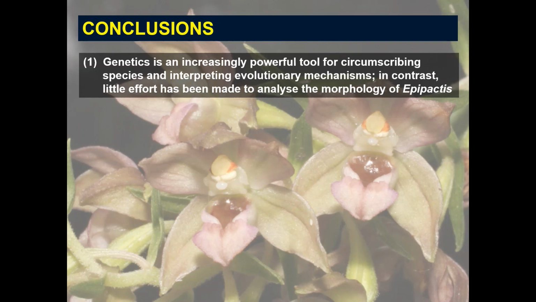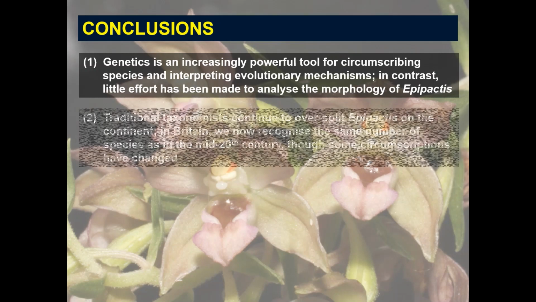There should be a lot more effort made to analyse the morphology of Epipactis. And indeed, until COVID, that's exactly what I was proposing to do, starting on Lindisfarne. And with luck, I still may be able to do that this coming field season. But it's just striking how much more complete and compelling at the present time the genetic information is than the morphological information.